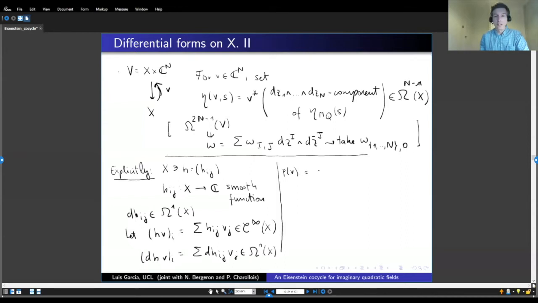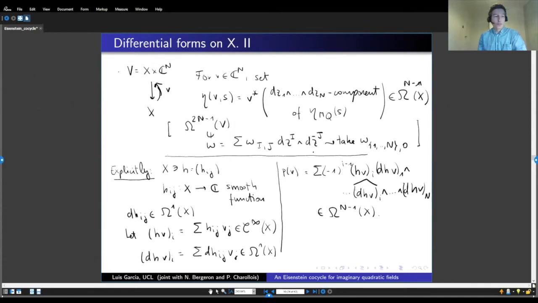So you sum like this, and you pick HBI, and now you wedge all these guys except for the ith one. So remove this from the wedge. Okay, so this is an n-1 form. Nice.